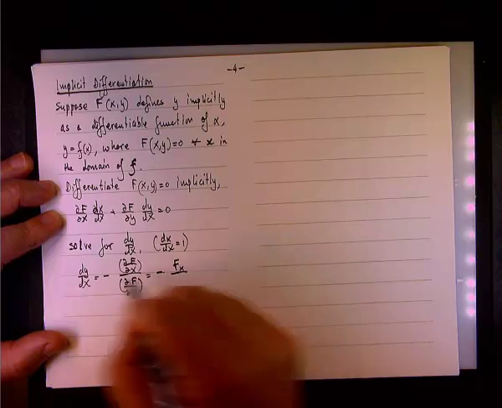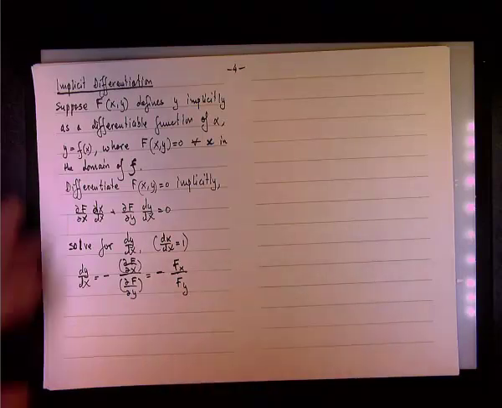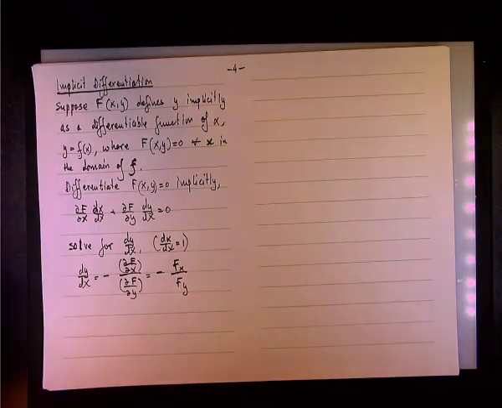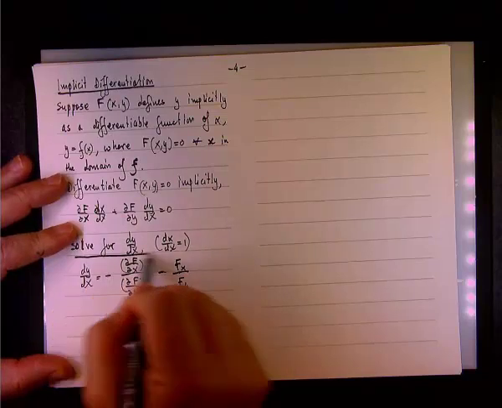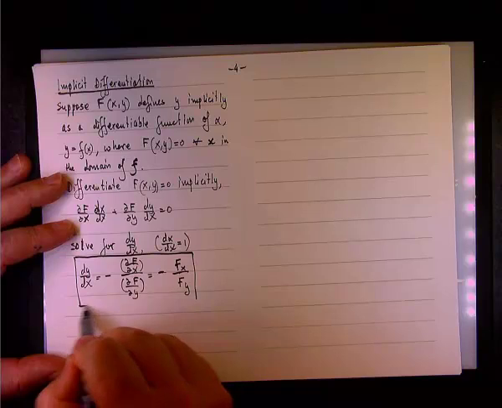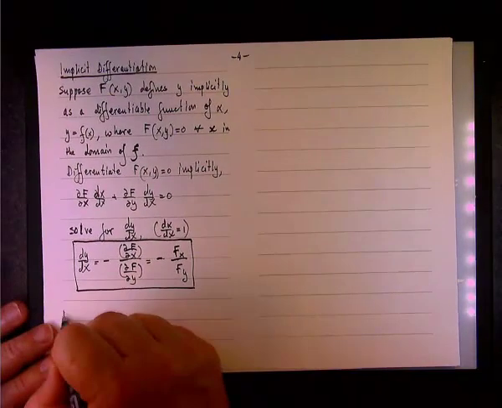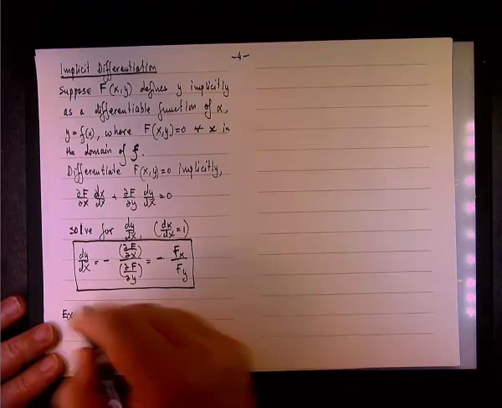And we'll write short notation: del F del x, the partial derivative, will be F sub x, and del F del y will be F sub y, like so. And this is a little two-variable implicit differentiation rule.